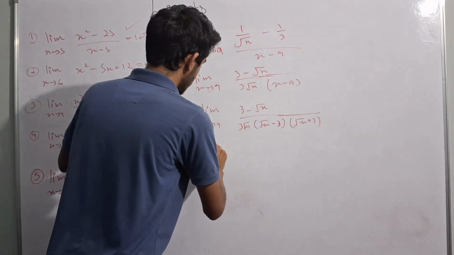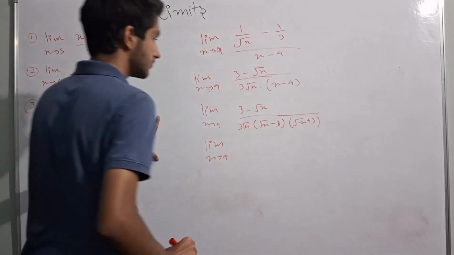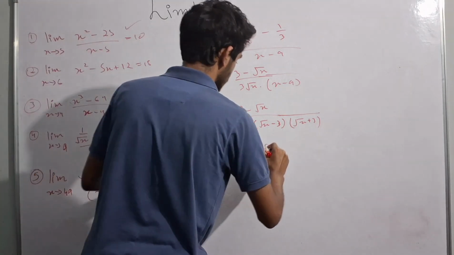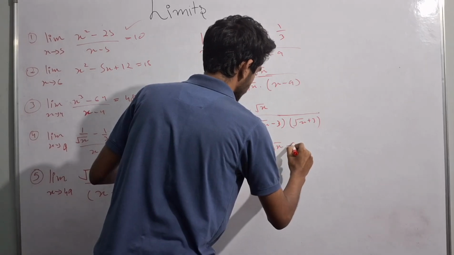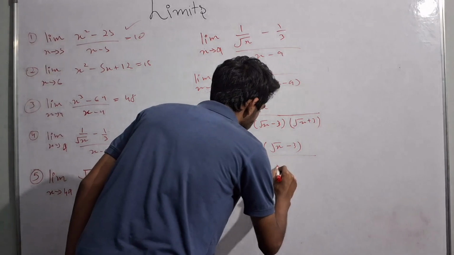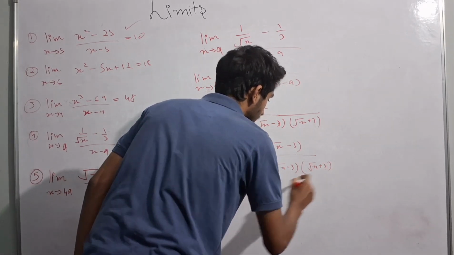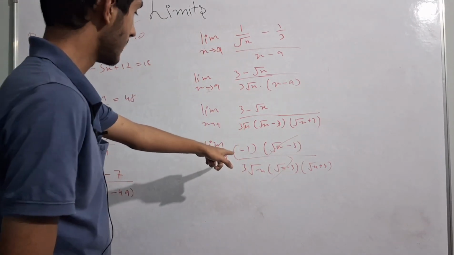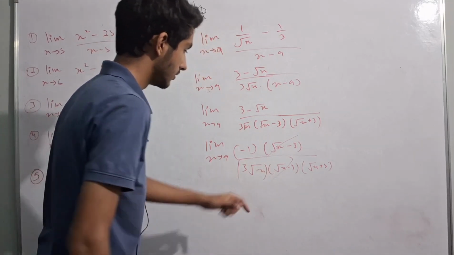It's equal to limit x tends to 9. I can take minus one common, so 3 minus root x becomes minus (root x minus 3) upon 3 root x into (root x minus 3) into (root x plus 3). This cancels out, I get minus 1 upon 3 root x into root x plus 3.